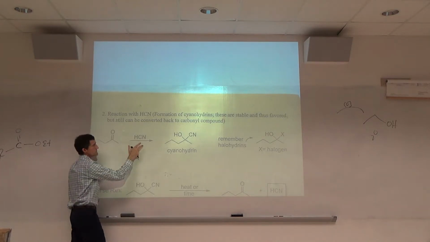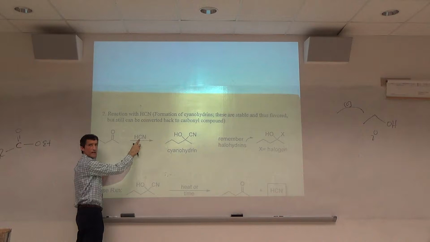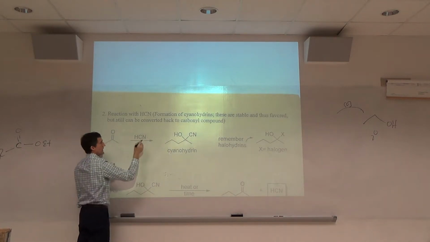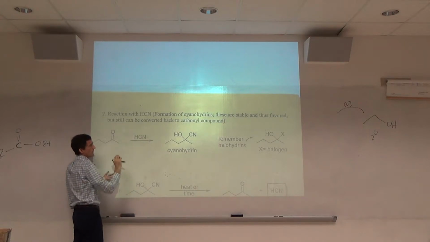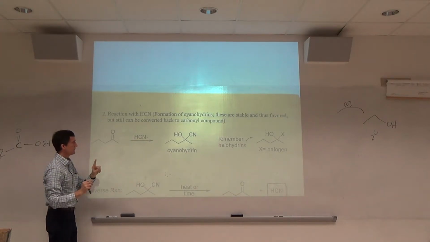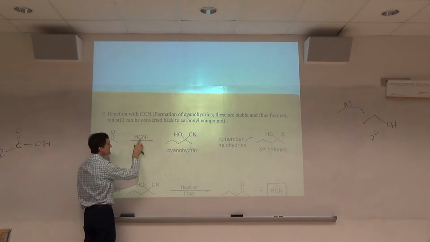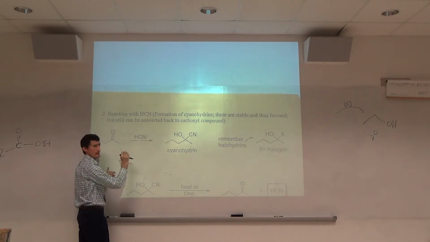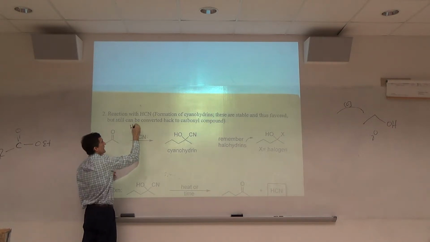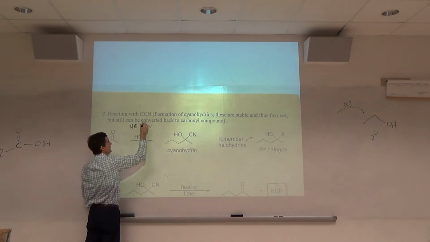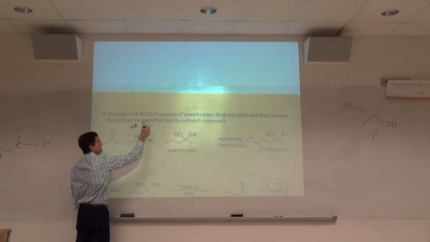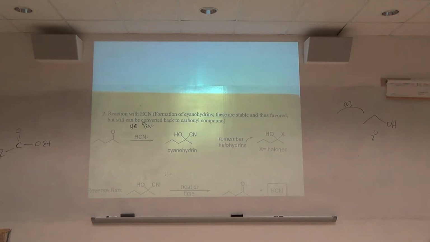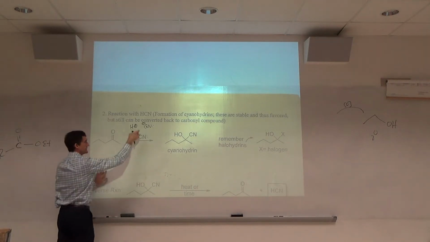Now, the carbon doesn't really have a lone pair here. The carbon adds, not the nitrogen. So I'm going to have to somehow get a nucleophile. Before I added water and had a lone pair. But this is an acid. It's not a strong acid, but I'm going to call it H plus CN minus. So I'm going to say it's acidic enough to be ionized enough to have cyanide.